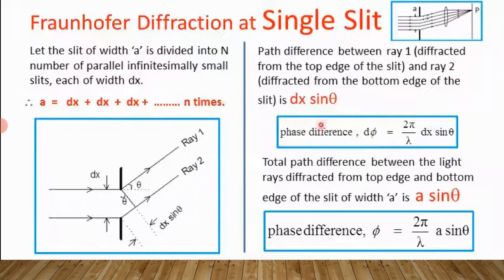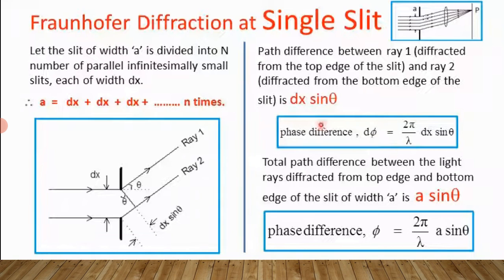Therefore, A is equal to dx plus dx plus dx, n times. The path difference between ray 1 diffracted from the top edge of the slit and ray 2 diffracted from the bottom edge is dx sin theta.